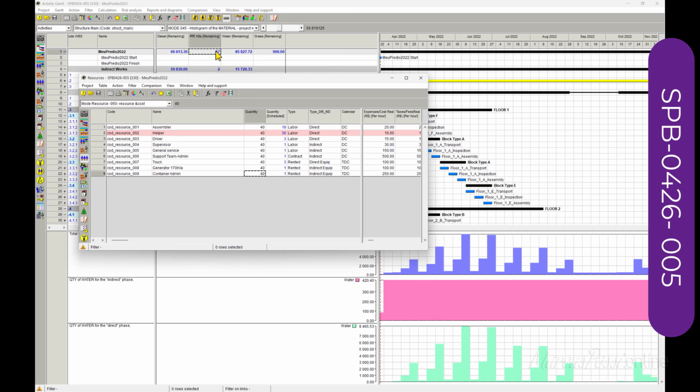I don't think just 57 kits for everybody. No, because we are not working with every assembler, with every helper, with every supervisor. Although we have 40 supervisors, we just use 18 and 36 at the same time.